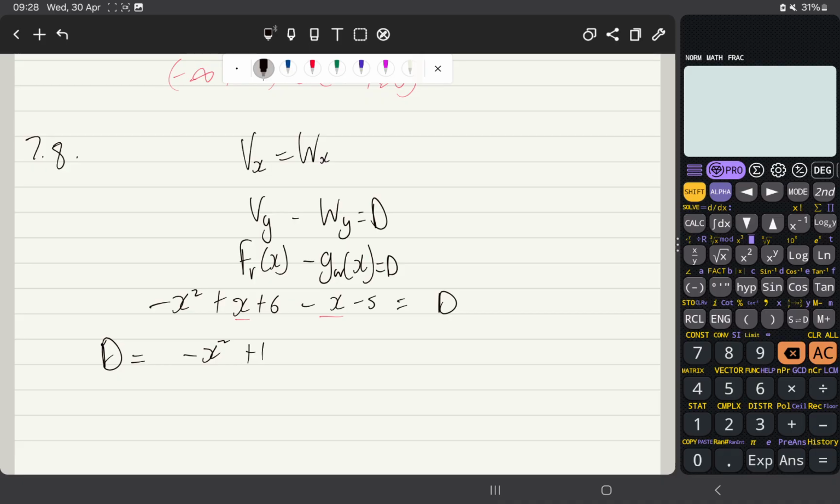There's no way it's gonna be above 1 when we have this minus x squared. As soon as the negative squared number is greater than 1, we're going to have a negative distance, which does not happen. So for a positive distance, the distance is going to be smaller than 1, right?